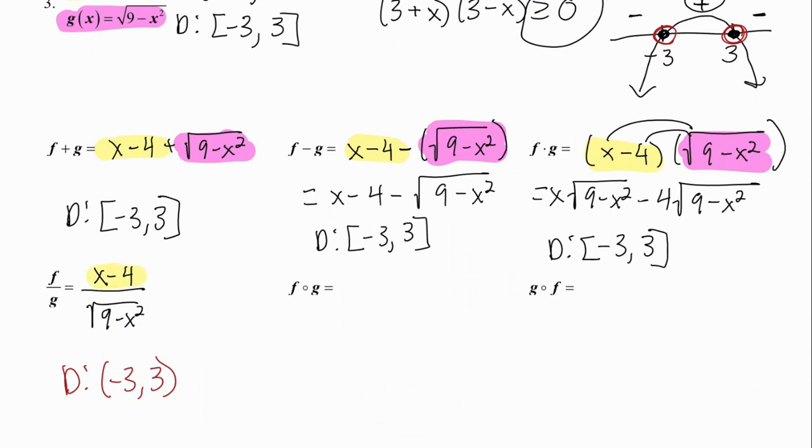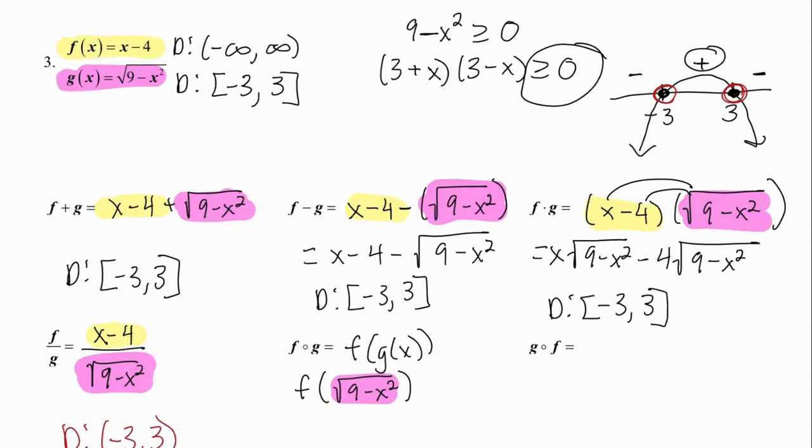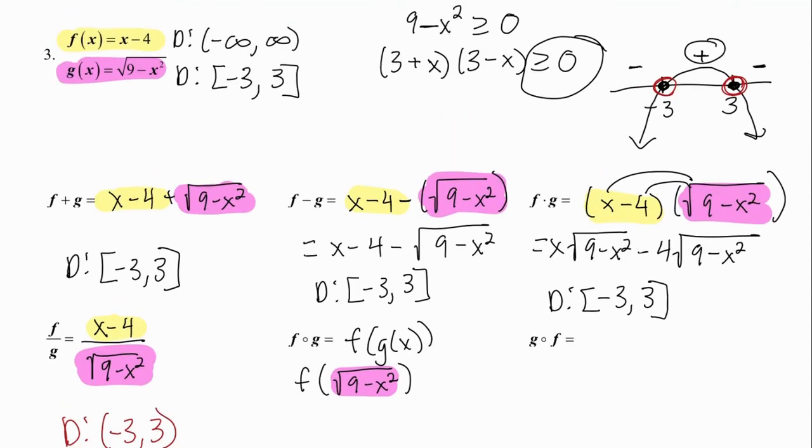So for the next one, now we're doing a composition. This time we're doing f of g of x. That means into f, we're plugging in the square root of 9 minus x squared. So we're plugging in that g equation. Everywhere we see an x in that f equation, we're taking the other one and plugging it in.